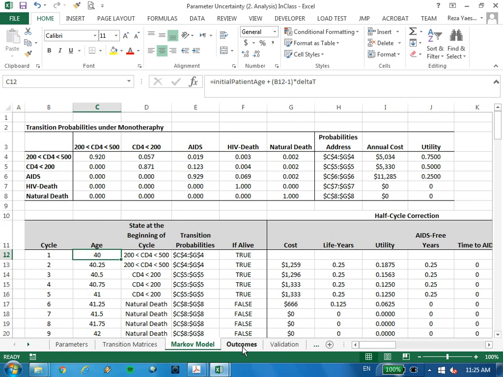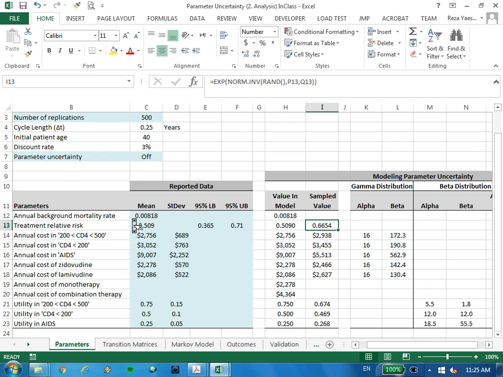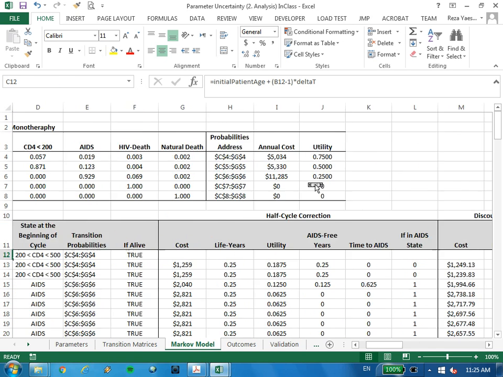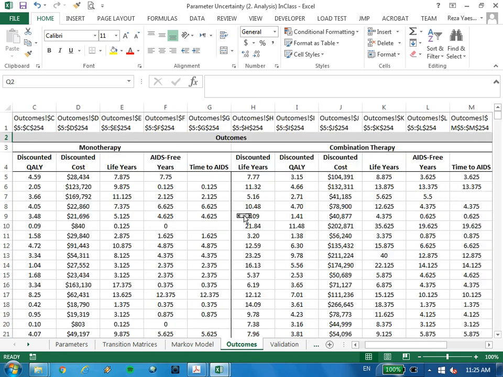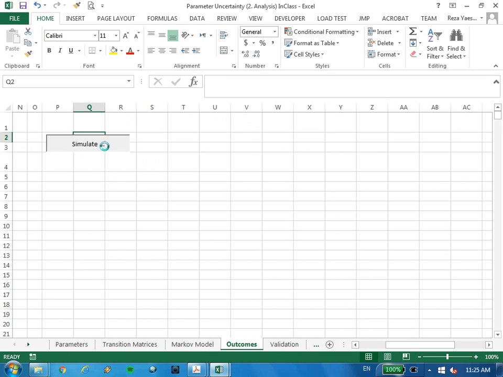All right. So now let's go back to the parameters. Let's run the model once, assuming that the parameter uncertainty is off. So I want to get 250. All right.